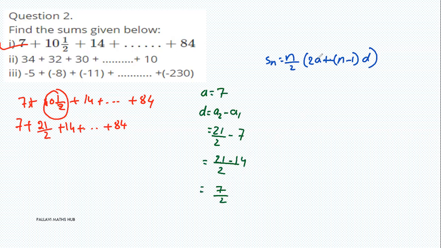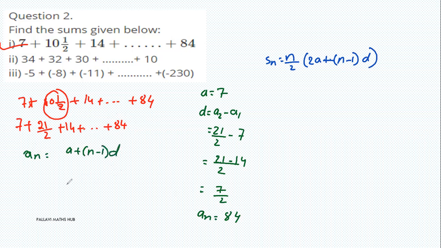You know the value of a and the value of d, but you don't know the value of n. So how will you find the value of n? Here an is 84. Now substitute an equals a plus n minus 1 into d.